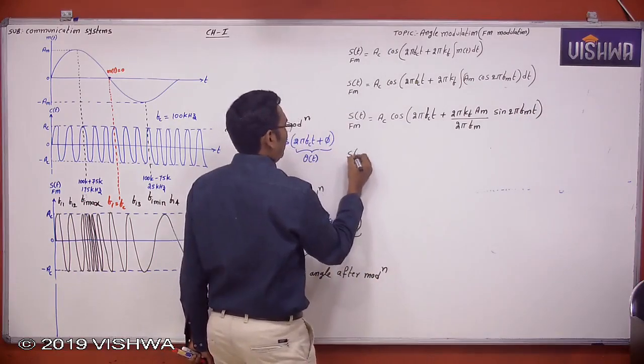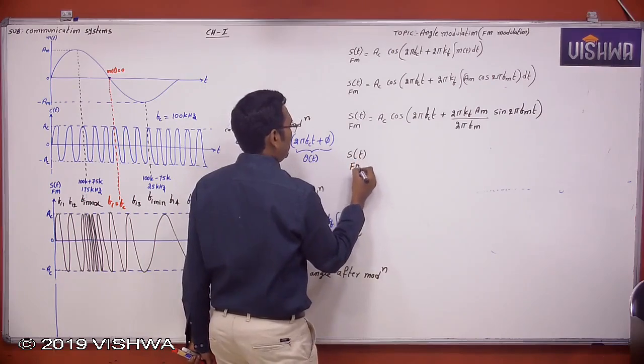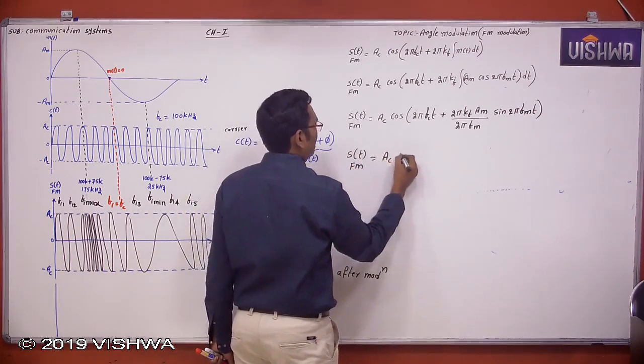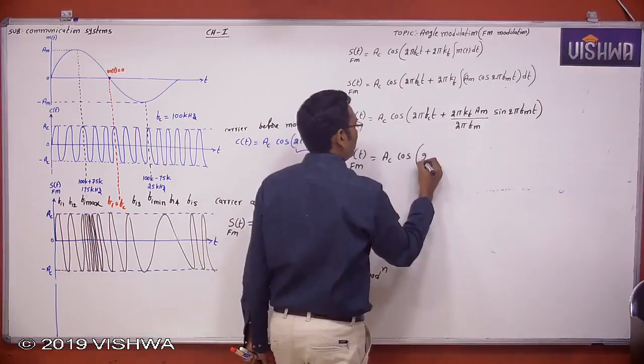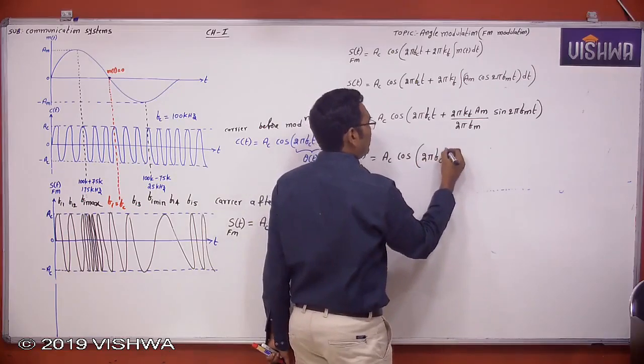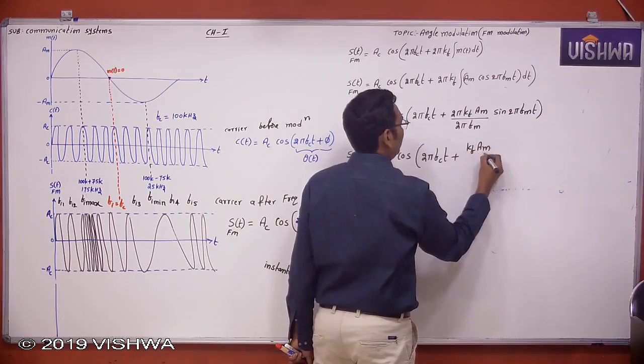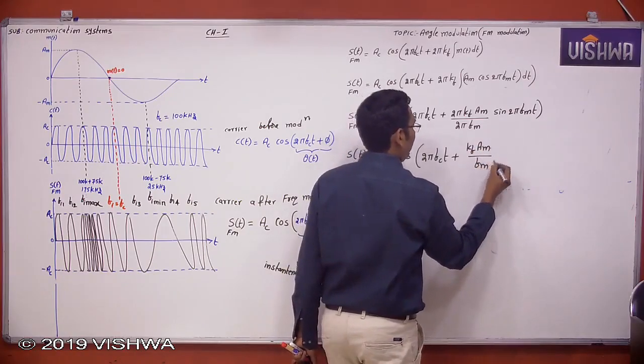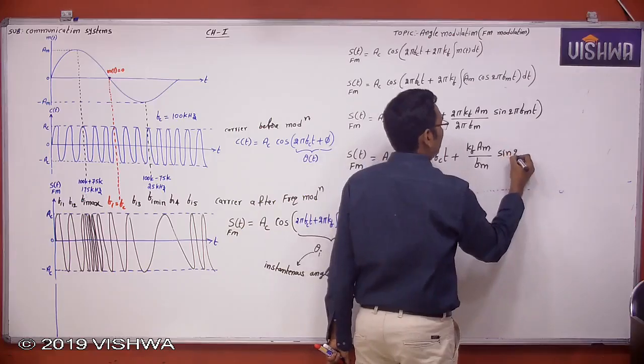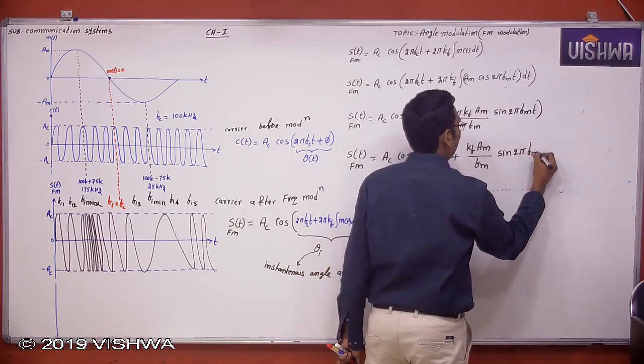Therefore the FM wave in time domain is equal to Ac cos of 2 pi fct plus, the 2 pi cancelling, kf into Am by fm into sine 2 pi fm t.